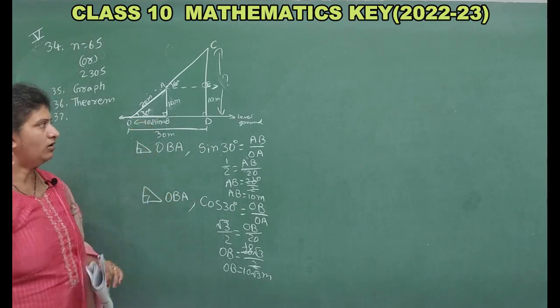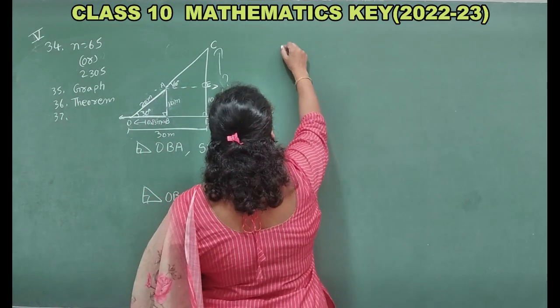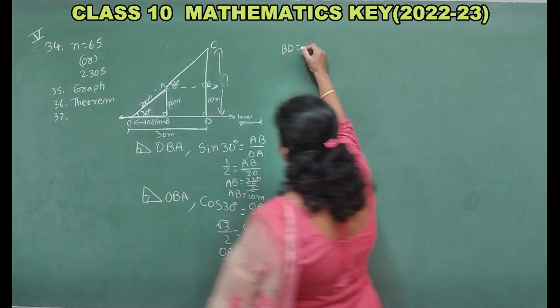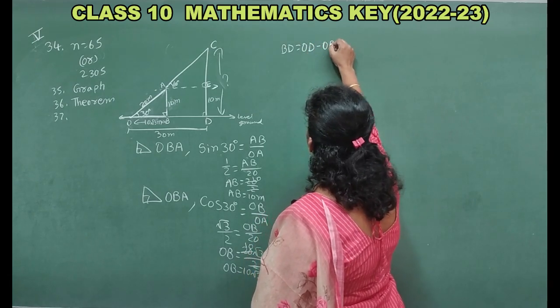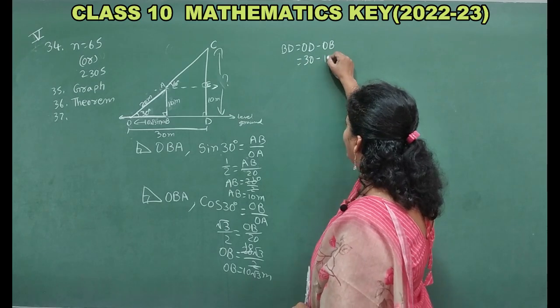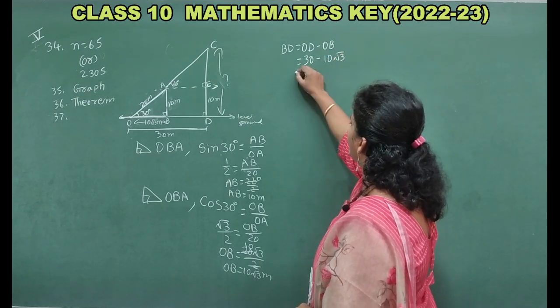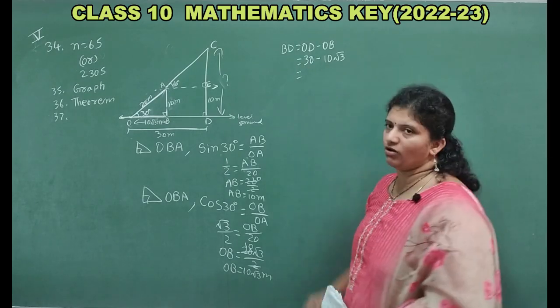Right? So find BD. How can I get BD here? Length of BD. BD is equal to OD minus OB. OD is 30, OB is 10 root 3. So can I take anything common? First we feel that only 10 is common.